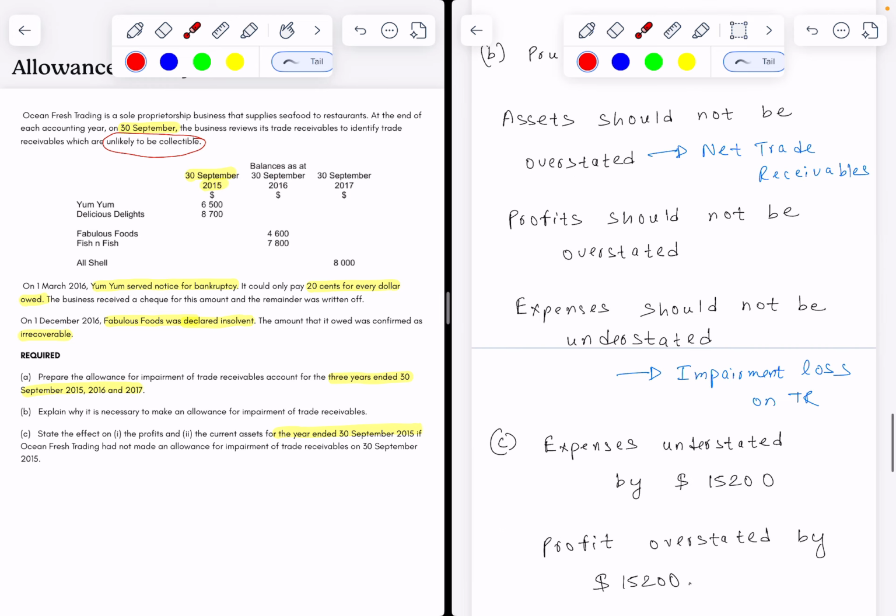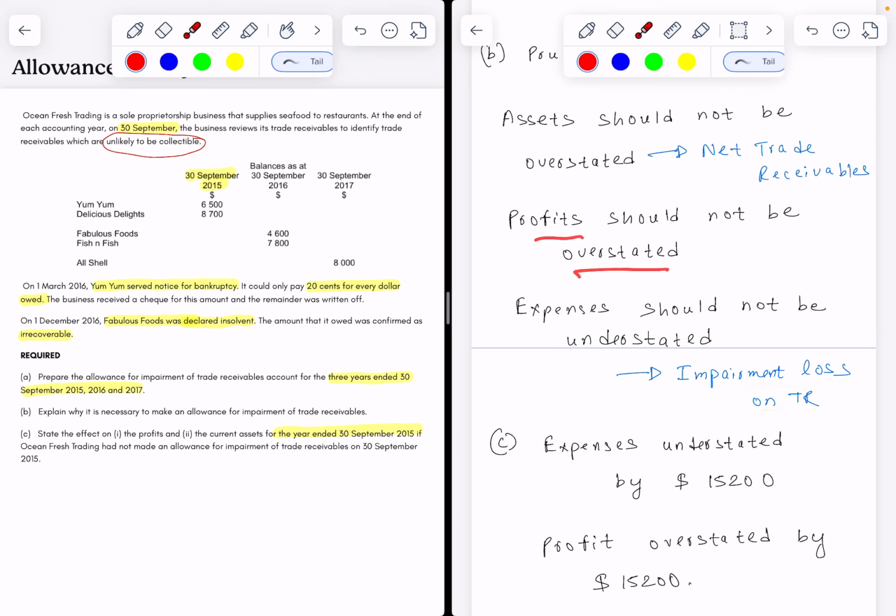At the same time, if we do not include this allowance for impairment of trade receivables, we do not have an expense account which is simultaneously incurred, which we already know to be impairment loss on trade receivables. So we do not want to understate our expenses, because if we understate our expenses, we'll end up overstating our profits.